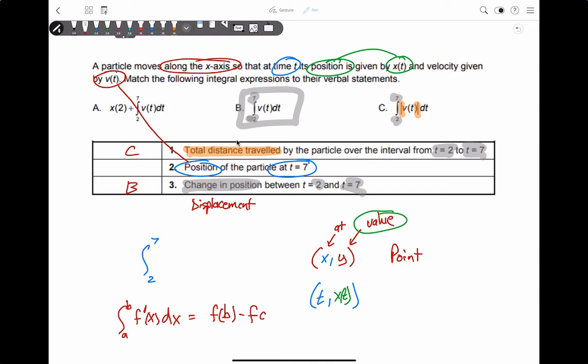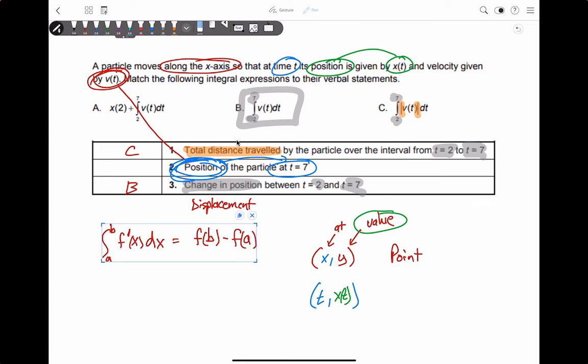Okay, so again, I'm working with positions at 7, and I'm also correlating it with a velocity function. So I'm going to interpret first fundamental theorem of calculus, okay? So let me move that up here, and let's kind of build around it as far as what goes where. So if I'm looking at this, I know that a, or low value, is 2.